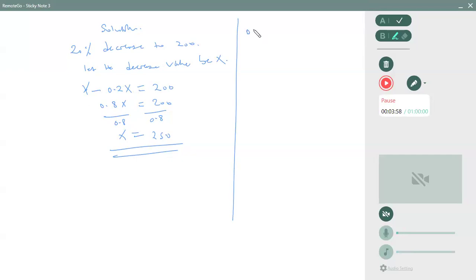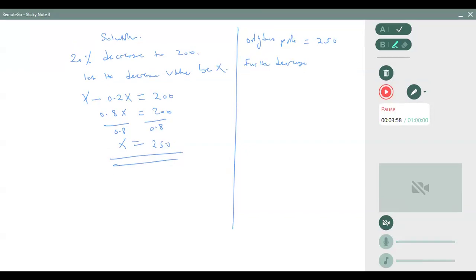So that means the original price is 250. Now they're telling us that it is further decreased. From 200 to... let me show you the screen so that we're able to see it well.